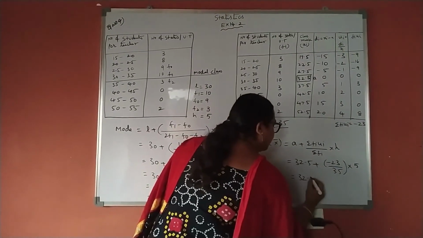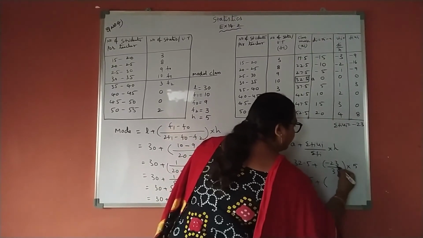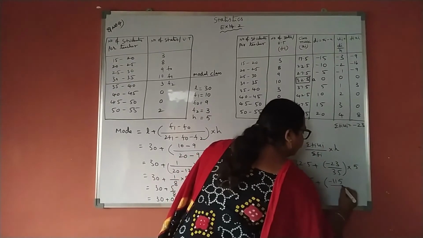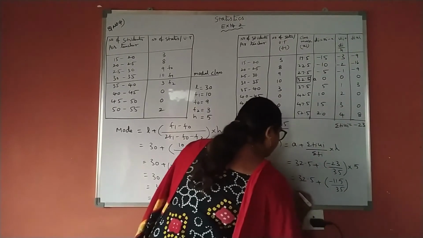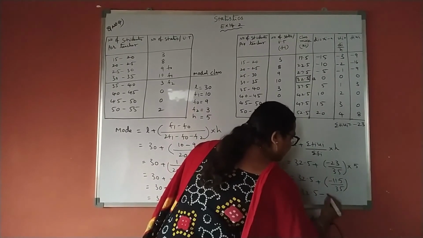This is equal to 32.5 plus 5 3s are 15, minus 115 by 35.